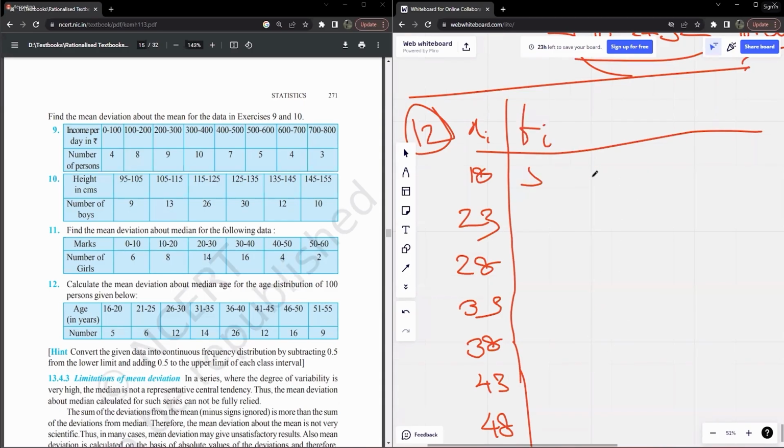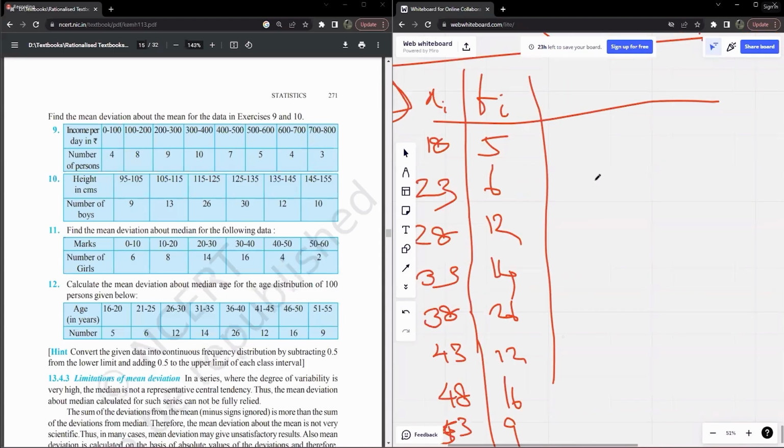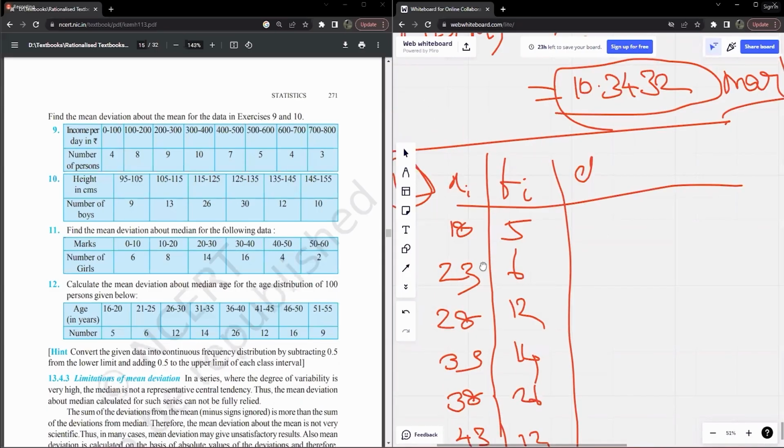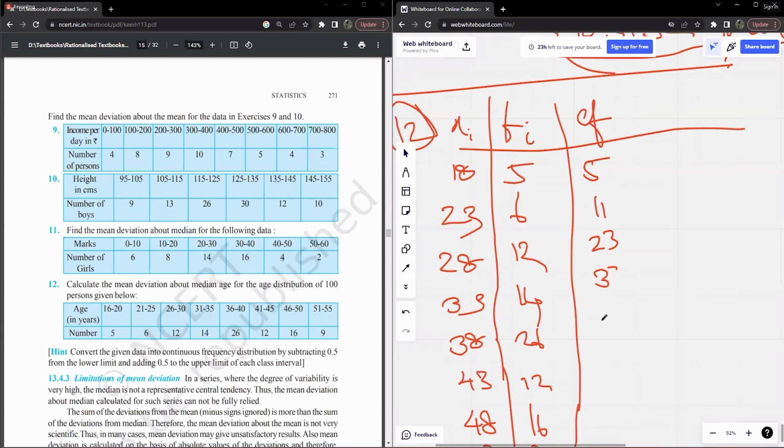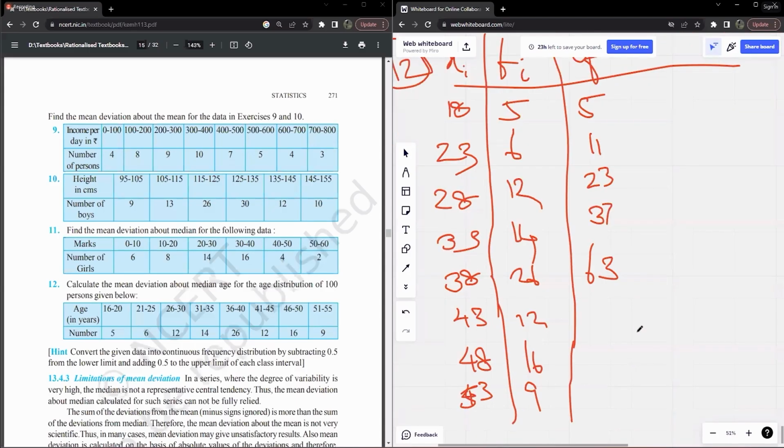Cumulative frequencies then become 5, 11, 23, 37. Since this is 26, then this becomes 37, 60. Then it becomes 75, 91, and 100. And you're given that you have 100 people. Here it is 100.